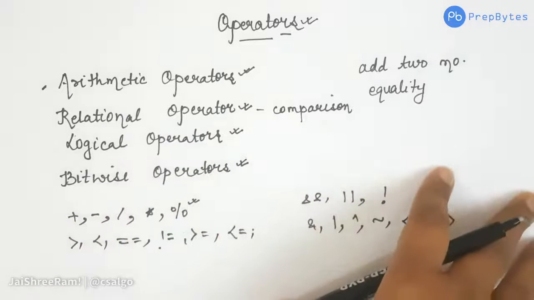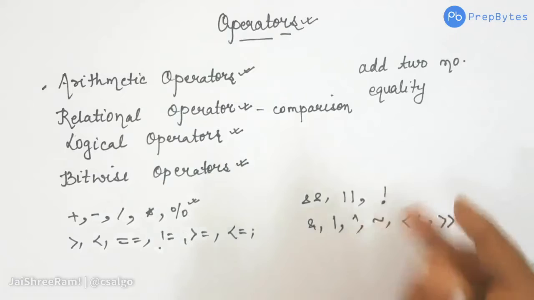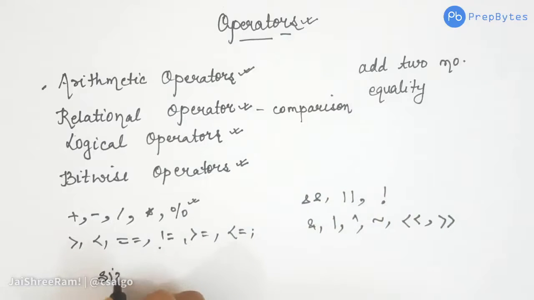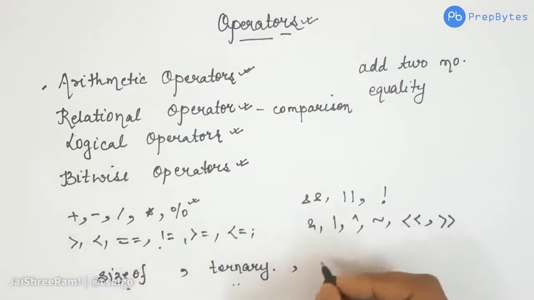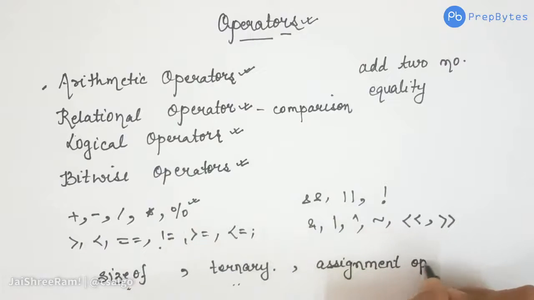Apart from these operators, two operators that we will talk about here are the sizeof operator and the ternary operator. After we have discussed these, we will talk about these two as well. We also have some assignment operators, which we will talk about as well.